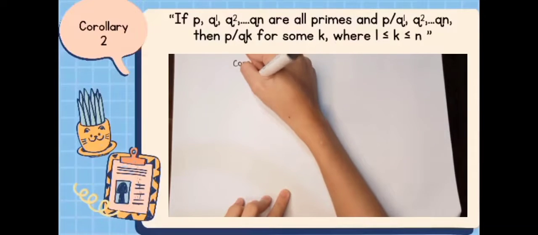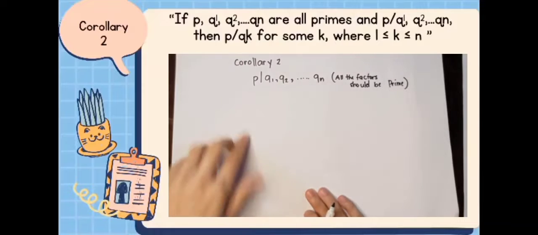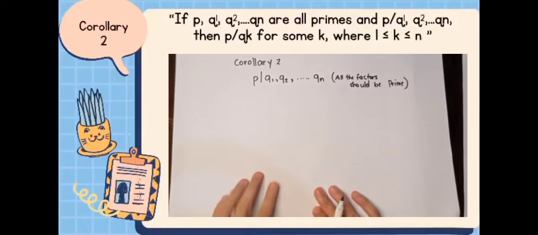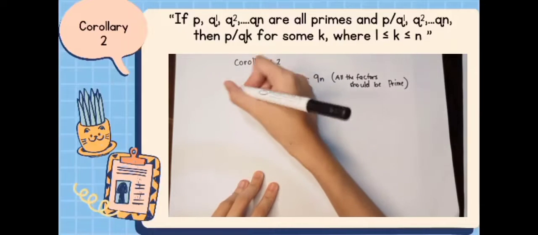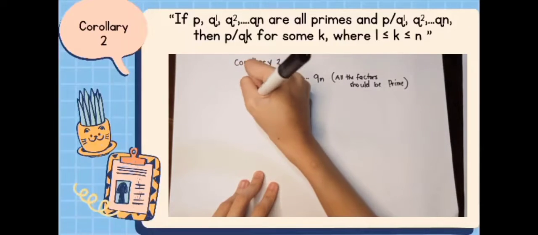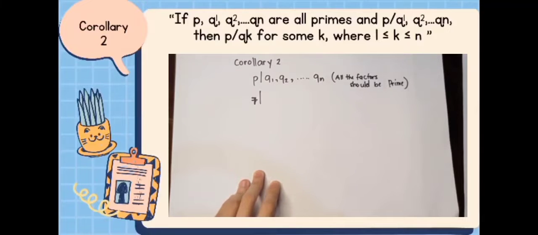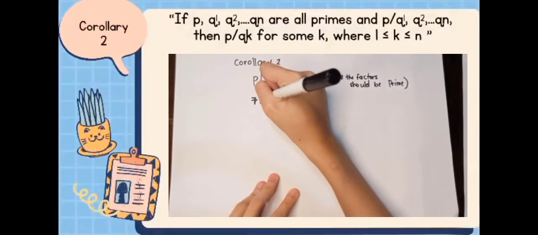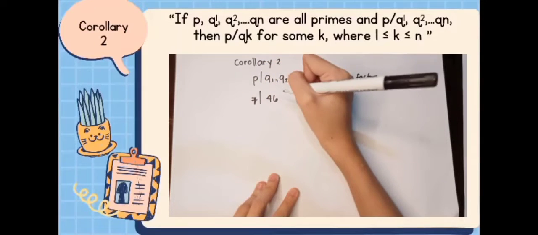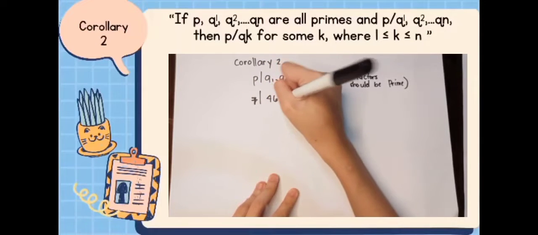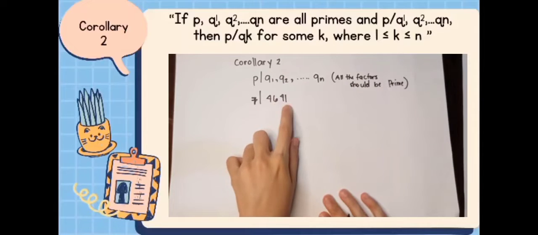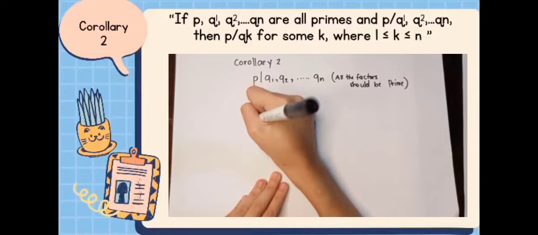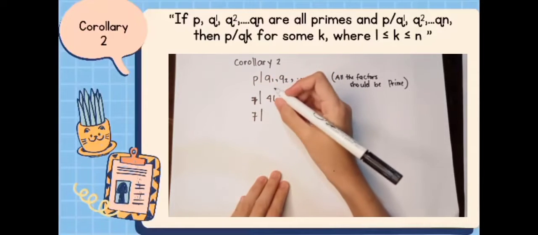So if we have the equation, which is P divides Q sub 1, Q sub 2, and so on up to Q sub n. Now let's have an example with 7 as our prime number, and let's just say 4,641 as our number, and we're going to get its factors, all of which should be prime numbers.